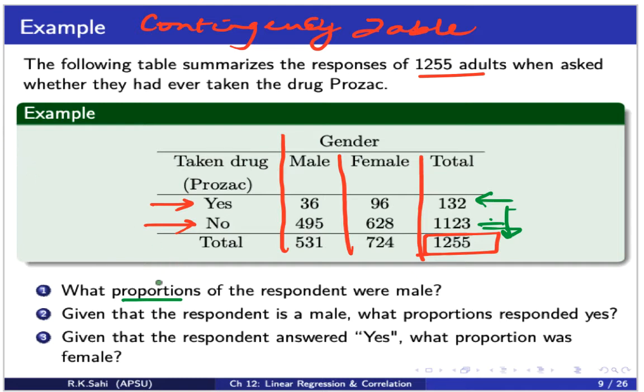Proportion is the number of favorable values, or I would say the number of values which are falling in a certain category, over the total values.